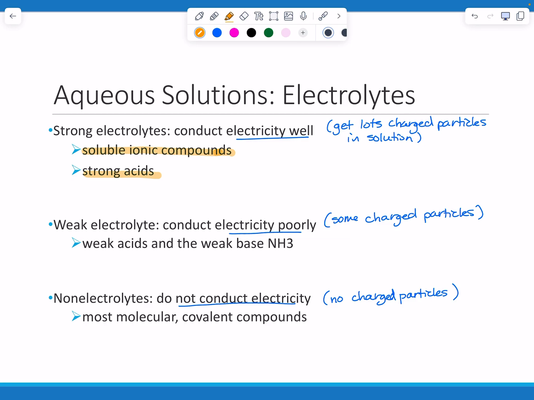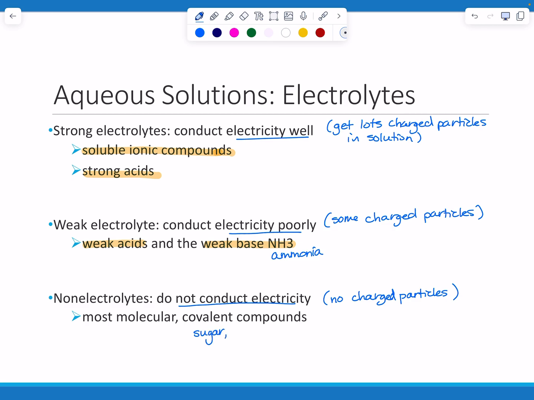All right, and then weak electrolytes are going to be weak acids, and also the weak base, which is ammonia. Okay, so this is the molecule ammonia. And then non-electrolytes are covalent compounds, things like sugar.